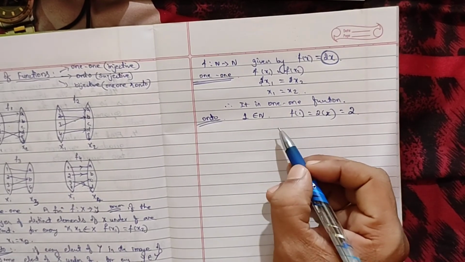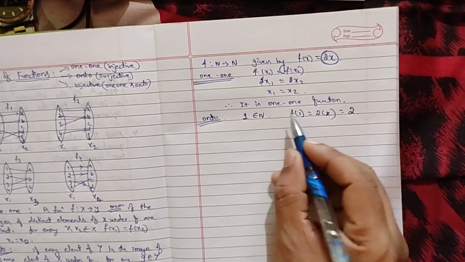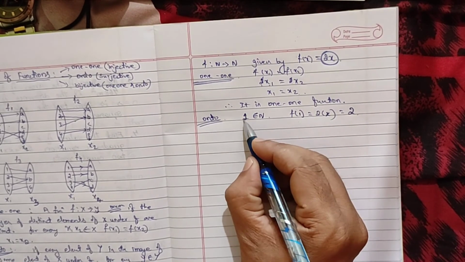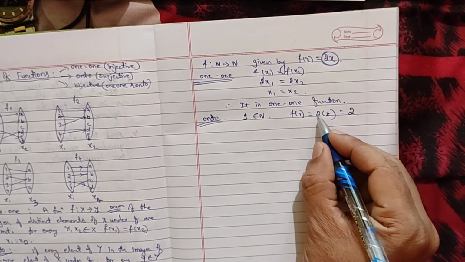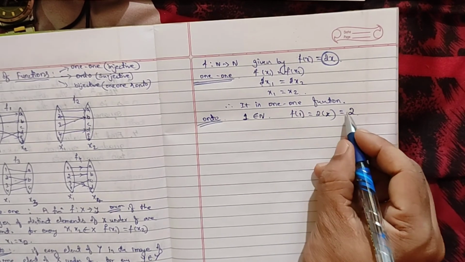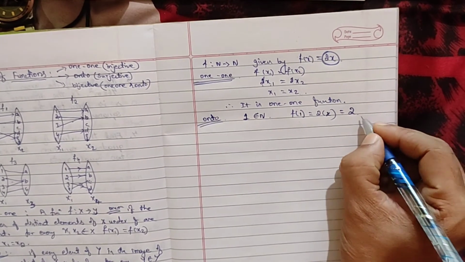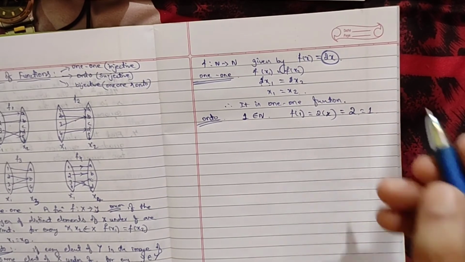It means there does not exist any x in N. Here 1 belongs to N, and f of 1 is 2x with x equal to 1, so we get 2. But it is not equal to 1.